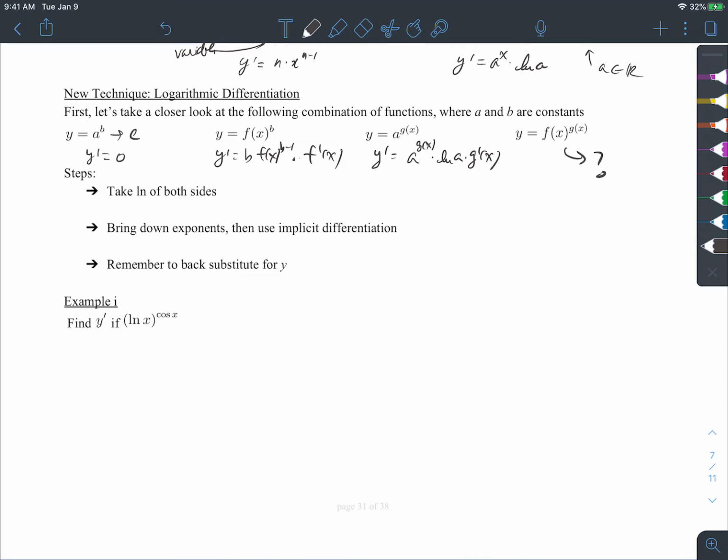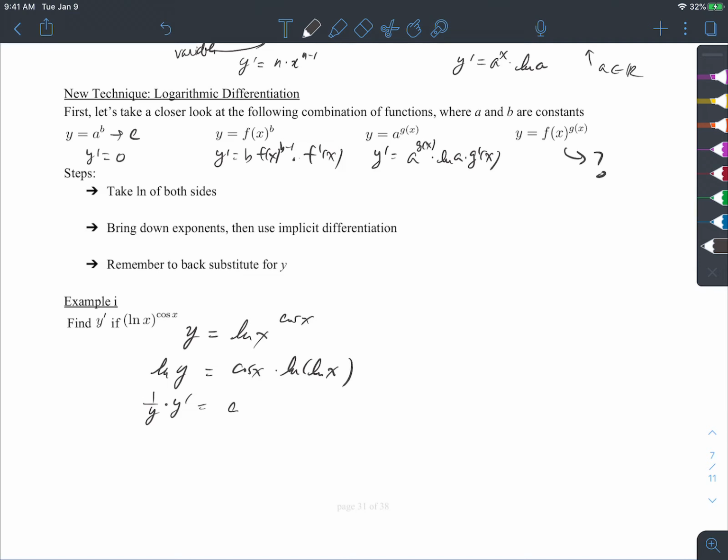So we have y equal to x to the cosine of x. If we ln both sides, it's going to be cosine of x times ln of x. Let's do d/dx of both sides. Then that becomes 1 over y times y prime.